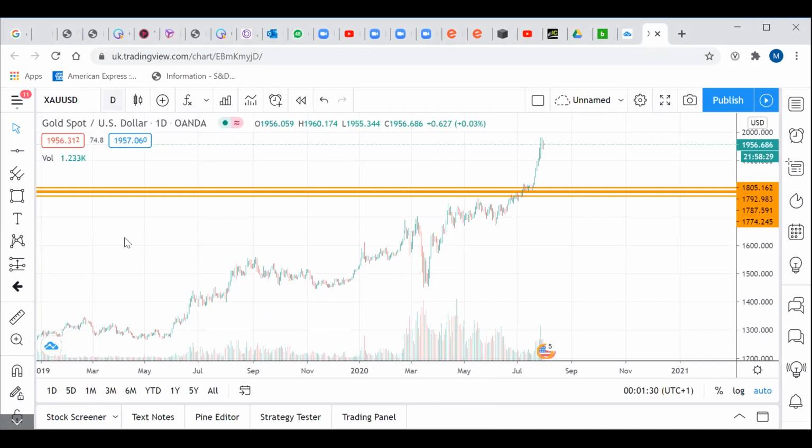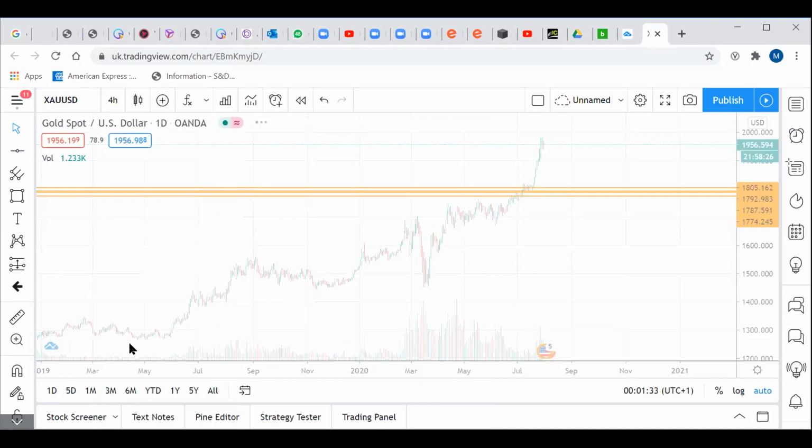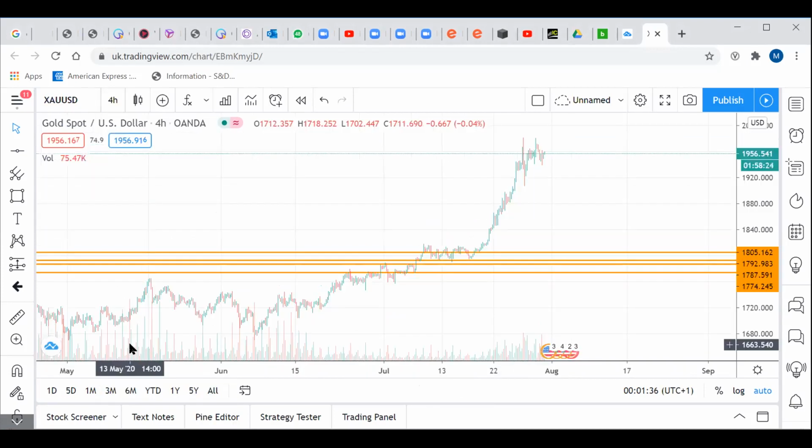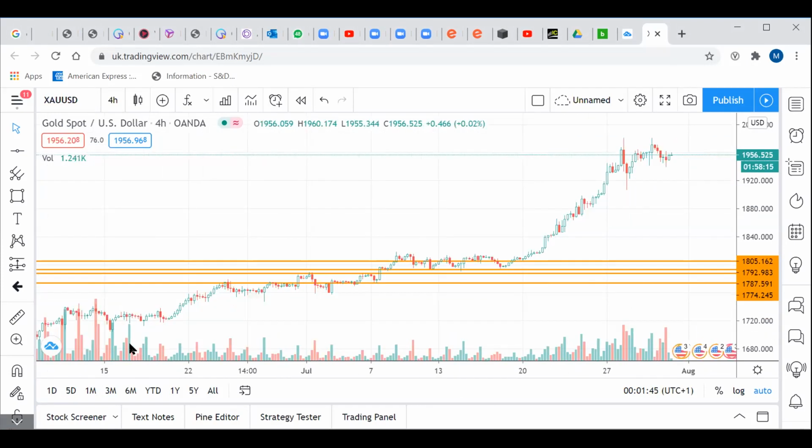So if you've ever seen any educator talking about zone-to-zone trading, what they mean is support and resistance areas. They're literally looking for support and resistance areas, and they call those zones.